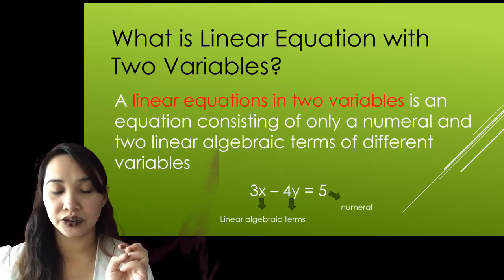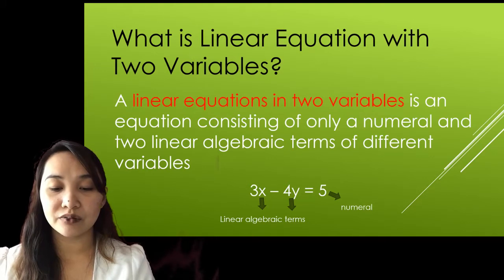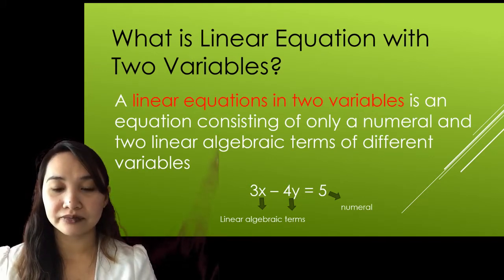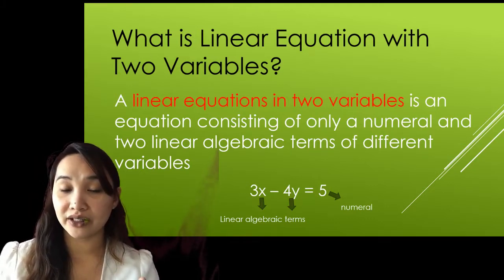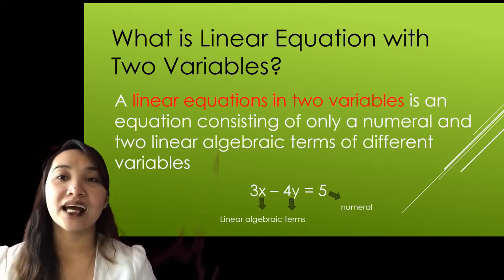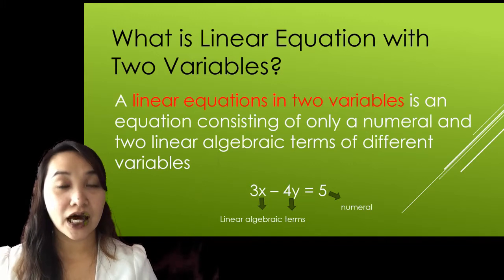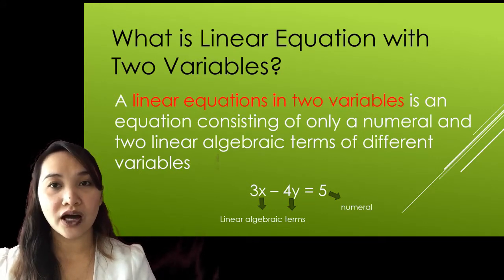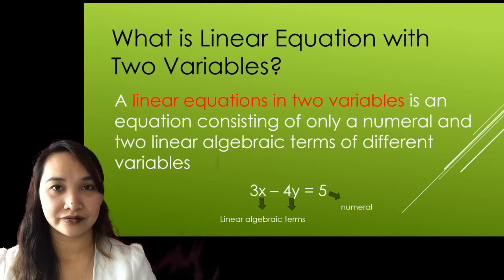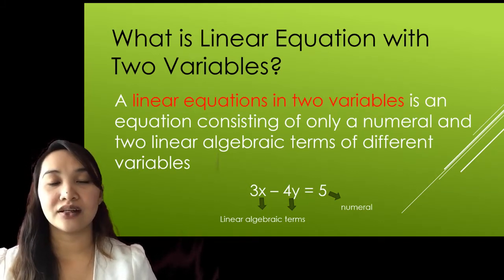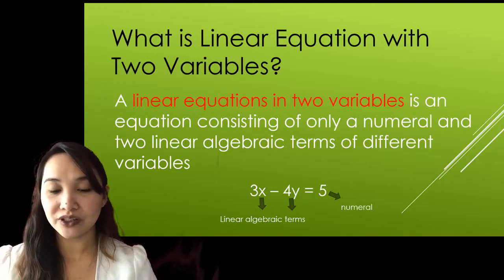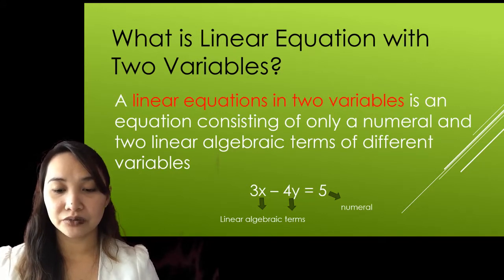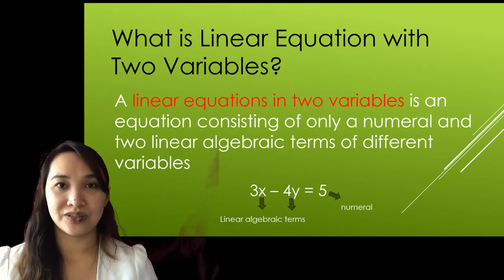For example, 3x minus 4y is equal to 5. 3x is an algebraic term, 4y is an algebraic term, and 3x minus 4y is a linear algebraic expression. 3x minus 4y equals 5 is a linear equation with two variables, x and y, and 5 is our numerical value.